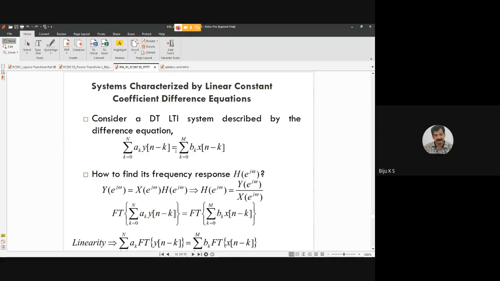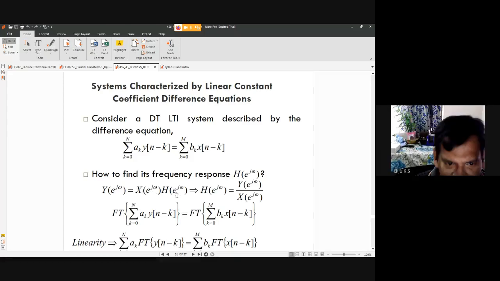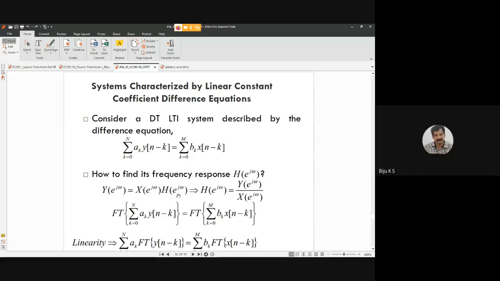We can take the Fourier transform of both sides, that means the left hand side and right hand side. Then Y(e^{jω}) is equal to X(e^{jω}) into H(e^{jω}), where H(e^{jω}) is called the transfer function or system function.